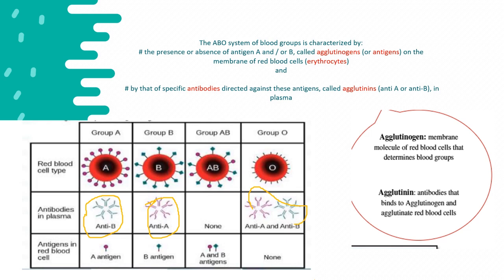As you can see here, blood group A has antigen A. Blood group B has antigen B. Blood group AB has antigen A and antigen B. And blood group O has no antigen.